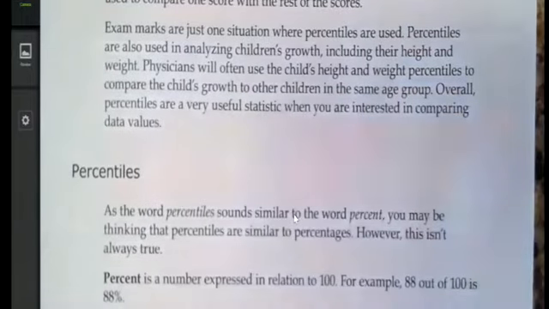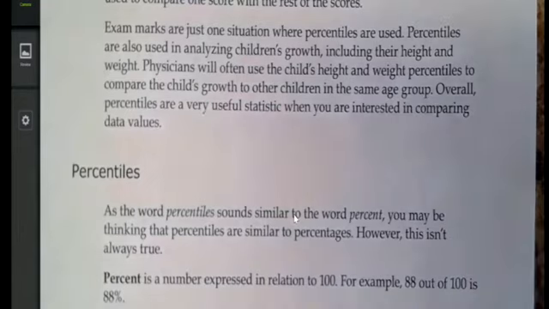Exam marks are just one situation where percentiles are used. Percentiles are used in analyzing children's growth, including their height and weight. So when our baby gets weighed and measured, she is compared to other children in her age range using percentiles. What is the percentile? Where is she supposed to be at this age?